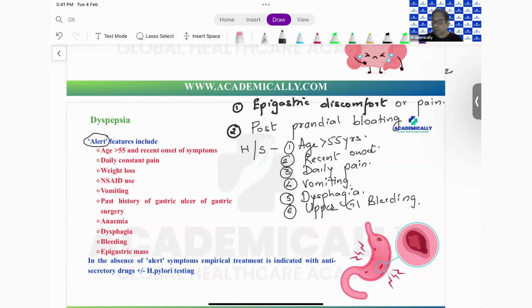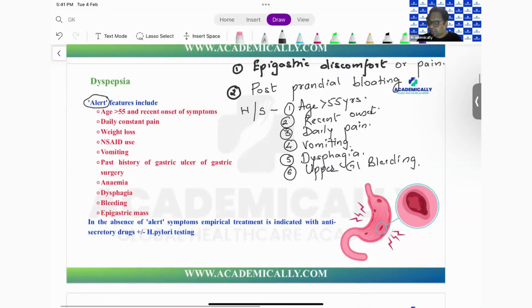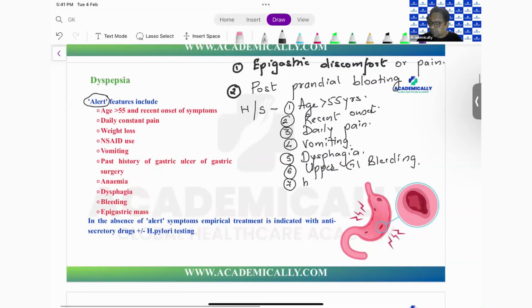Constant vomiting, long-term vomiting. Then if there is a history of non-steroidal anti-inflammatories, you will realize that many of these problems are precipitated by non-steroidal anti-inflammatories. If there is a history of unintended and rapid weight loss, significant weight loss, somebody losing almost 10% of their body weight within 2 or 3 months, which is unintended.